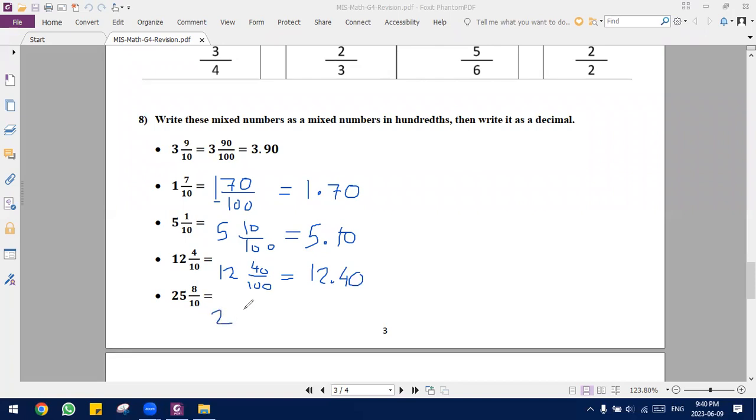Last one, 25 and 80 over 100 equal to 25.80. Correct. So it was a mixed number written in terms of tenths. We make it mixed number for hundredths and then decimal for hundredths.